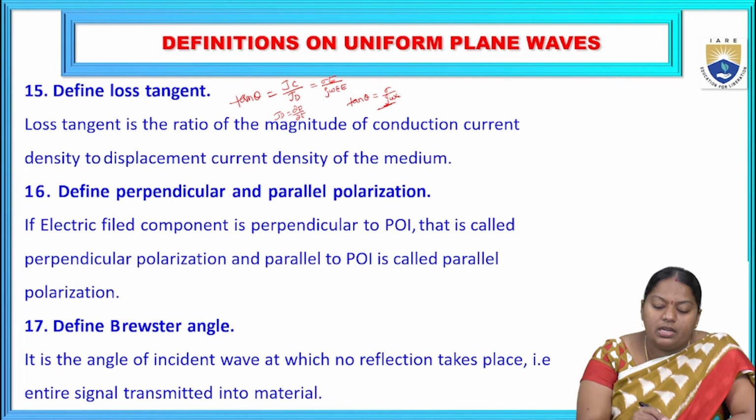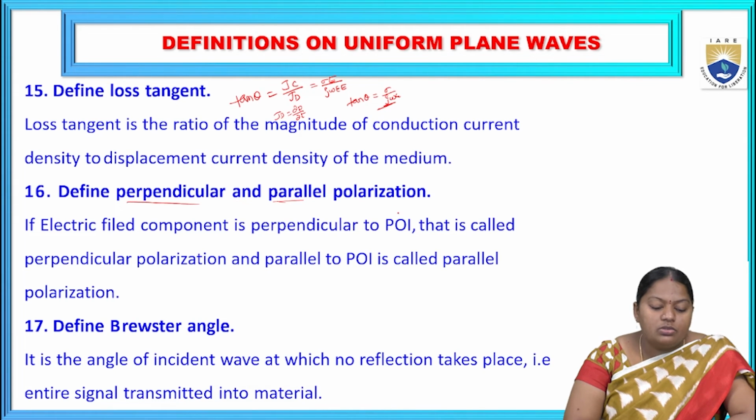Then define perpendicular and parallel polarization. If the electric field component is perpendicular to the plane of incidence, that is called perpendicular polarization, and if it is parallel to the plane of incidence, then it is called parallel polarization.